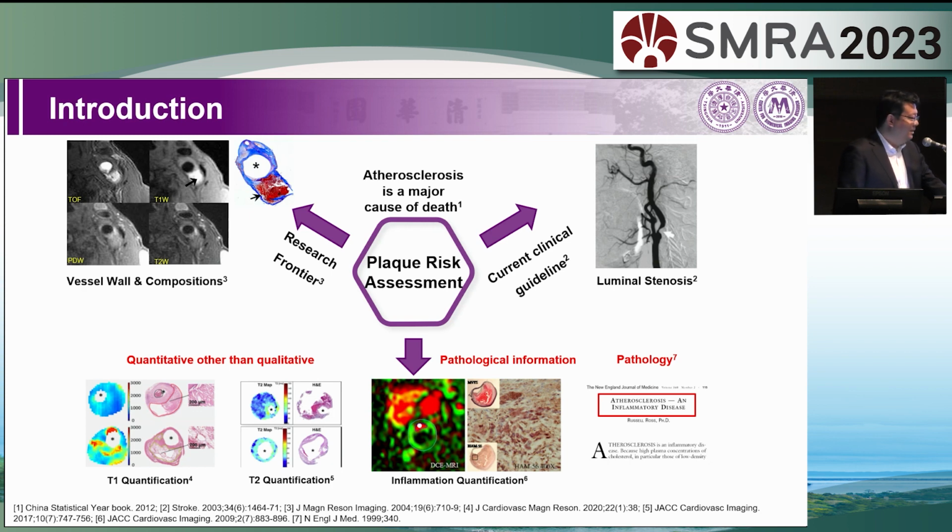For quantitative vessel wall, it's a little different because traditionally we all do weighted imaging. But if we switch to quantitative MR, we can not only accurately identify all those components, but also reflect some physiological phenomena that happen in atherosclerosis.